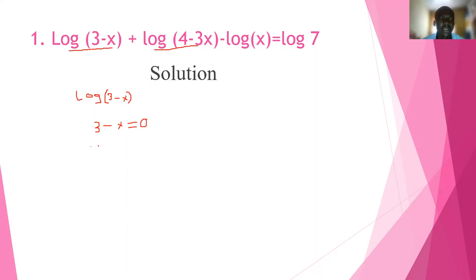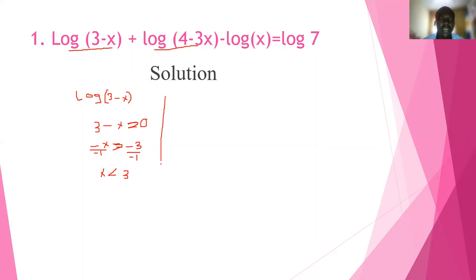That is the same as negative x is greater than negative 3. Then we divide both sides by negative 1, and you reverse the sign, so x is now less than 3. So that is the first argument for this log.